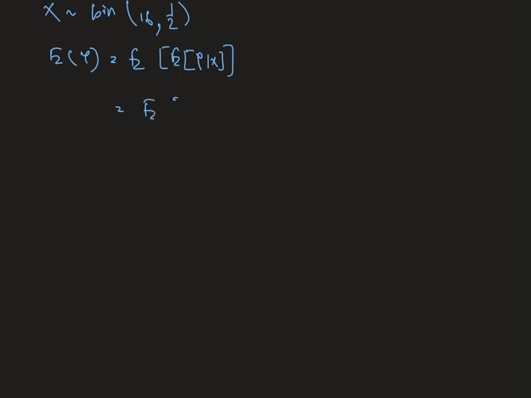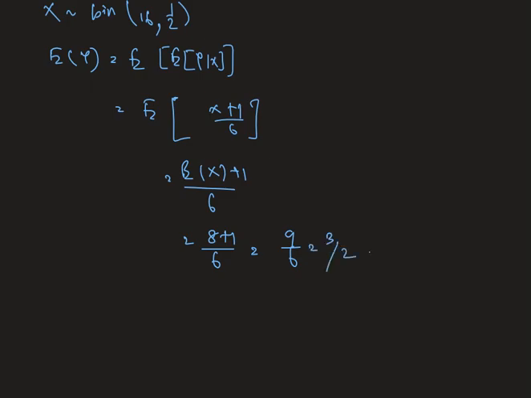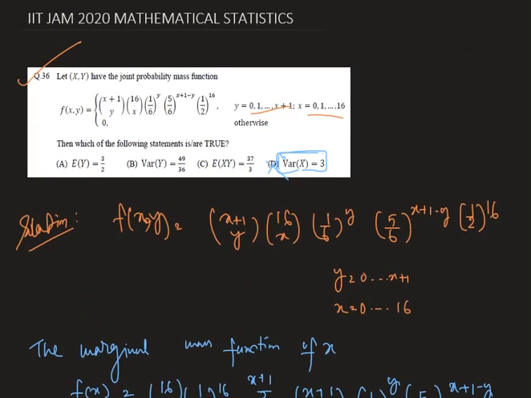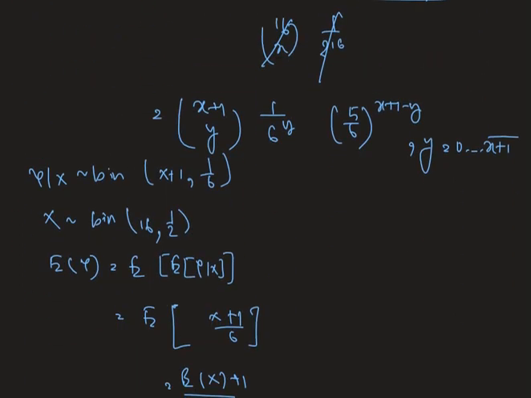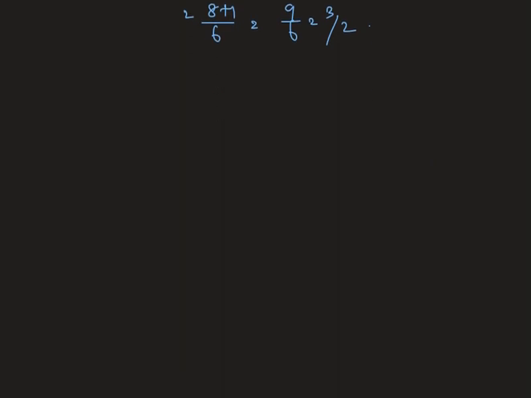Hence we have expectation of x plus 1 divided by 6, which is 8 plus 1 by 6, hence 9 by 6, which is nothing but 3 by 2. Hence A is a correct option.